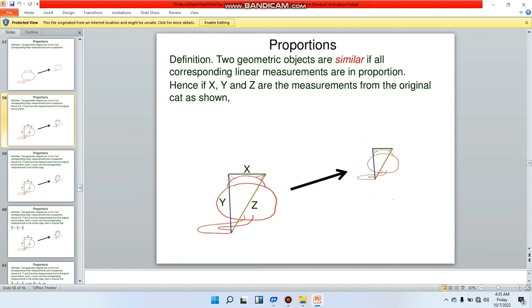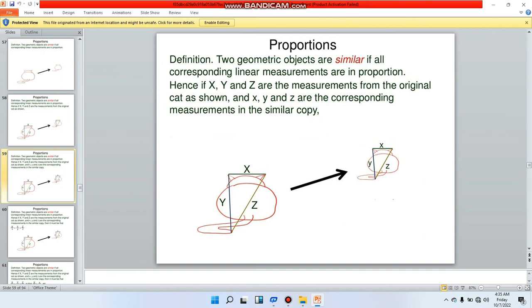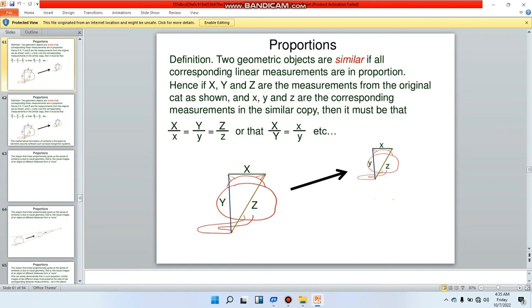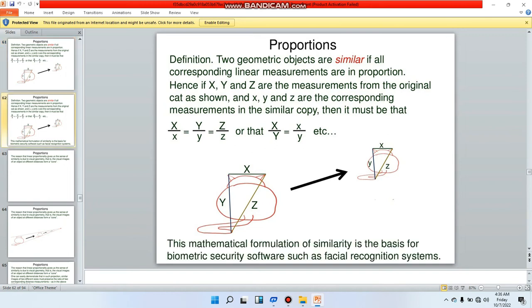Hence, if X, Y, Z are the measurements from the original cat as shown, and x, y, z are the corresponding measurements in the similar copy, then it must be that capital X over x equals capital Y over y equals capital Z over z, or that capital X over capital Y equals small x over y, etc.